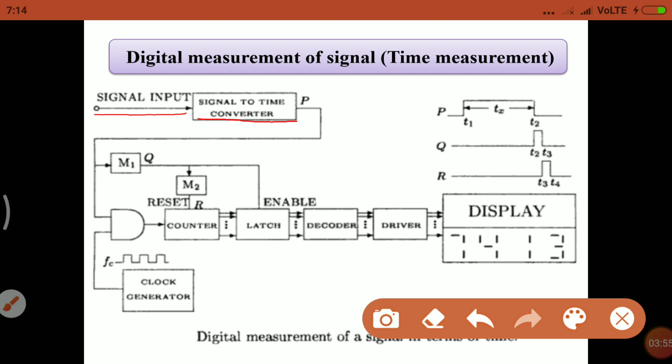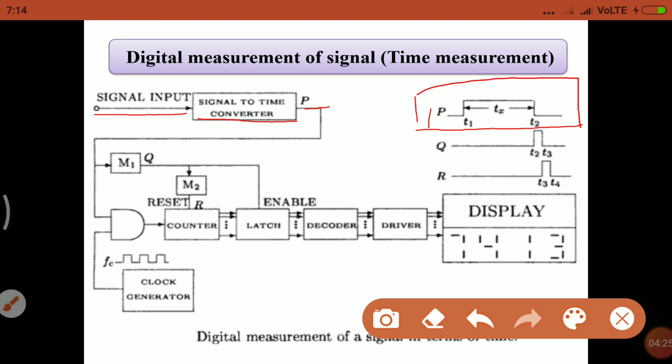Basically this is an SR flip flop. It is used to generate a pulse of time interval Tx. The pulse width is Tx. So if you see here at point P, that is the output, you will obtain the waveform with time interval Tx.